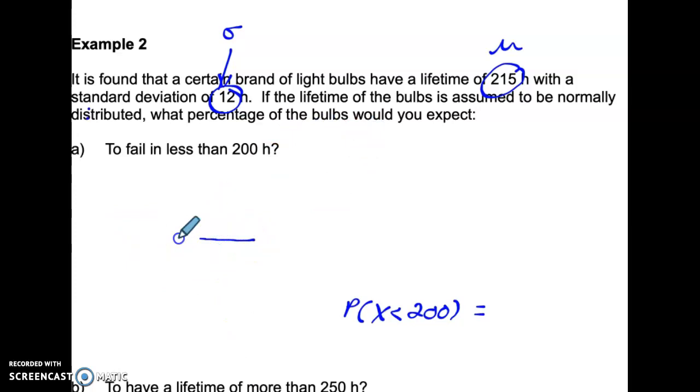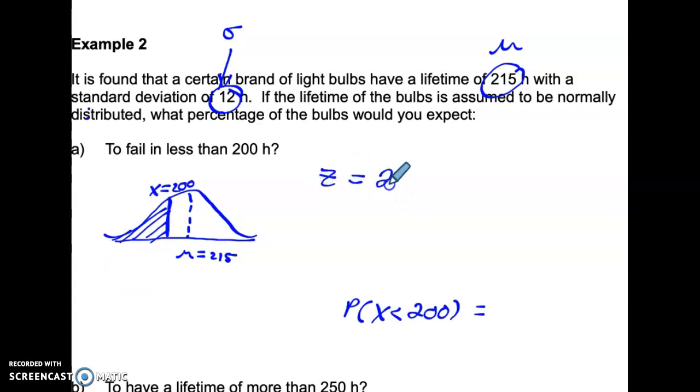So we're going to draw this out. It's a normal distribution. Our mu is 215. The x is going to be less than that, so we will expect a negative z-score. X is 200. And we're trying to find this area right here. Okay, so we're going to start with our z-score. Our z-score is x minus mu all over sigma, which is negative 1.25.